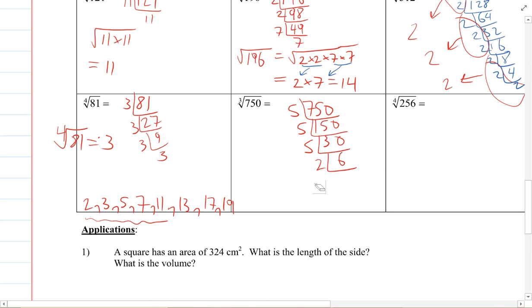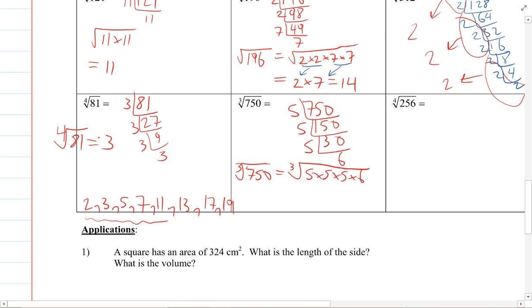Well, I think if I have cube root 750, that would equal cube root of 5 times 5 times 5 times 6.